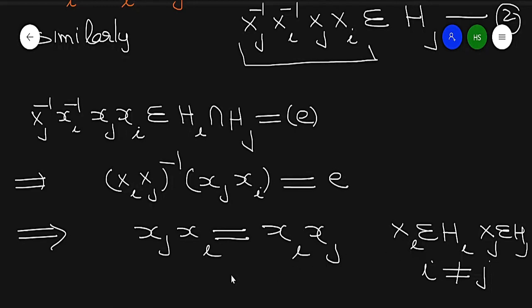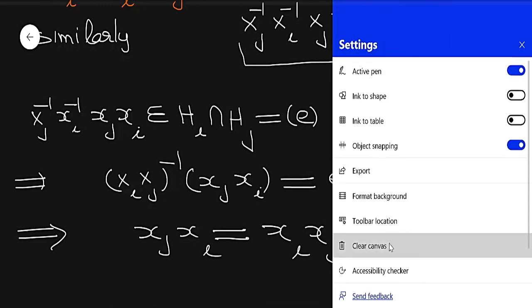Now the third is to prove the uniqueness. Every element of G can be written as the product of that, but uniqueness is missing.